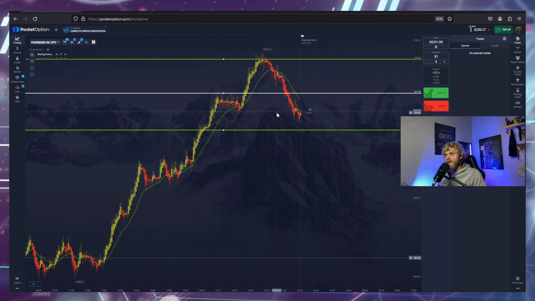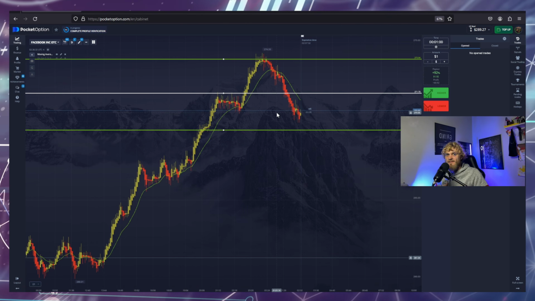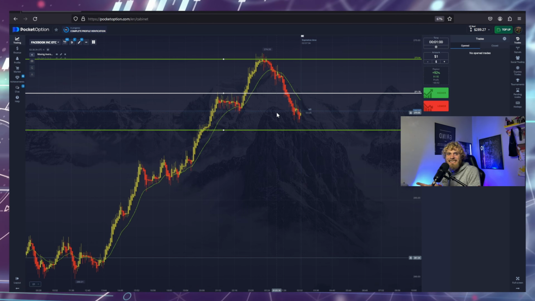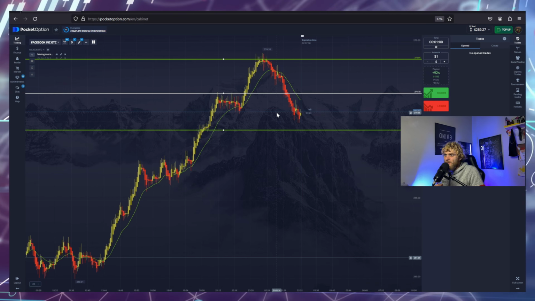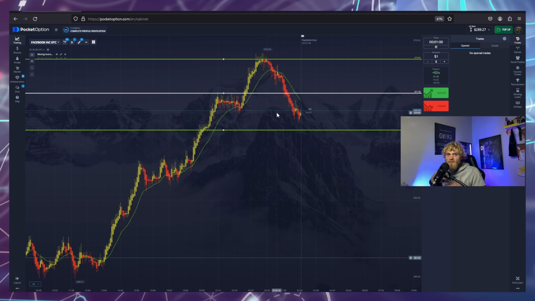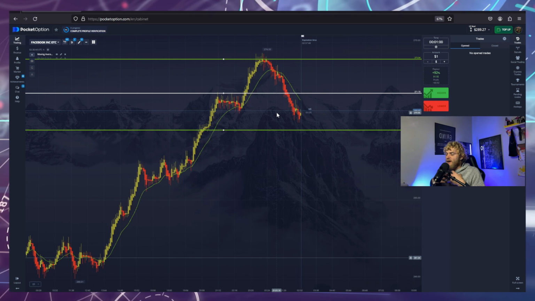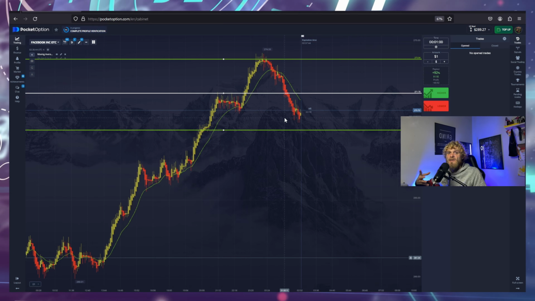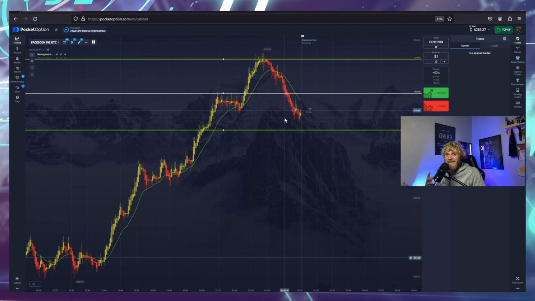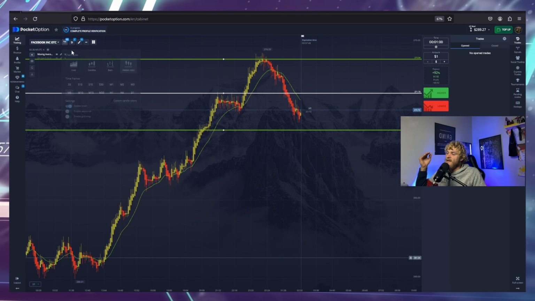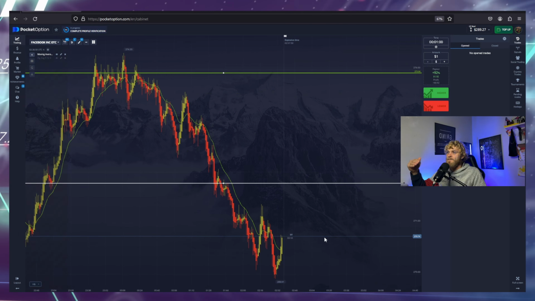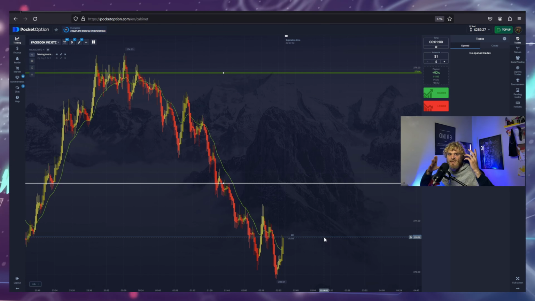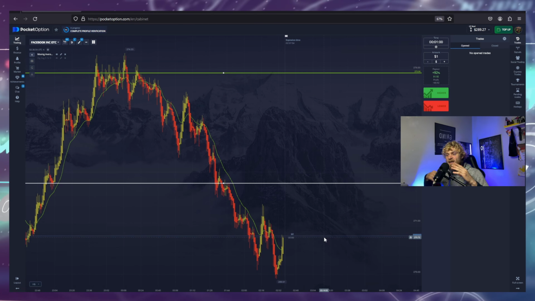Then we can find our zones on the higher time frame, find a tendency that the market's getting ready to do, or maybe we see a pattern in the market that we want to utilize. We utilize it on the higher time frame to get the move that we're trying to trade inside of, and then we go down to the 1 minute time frame, and this is where we're getting a more detailed look of the move that's happening.